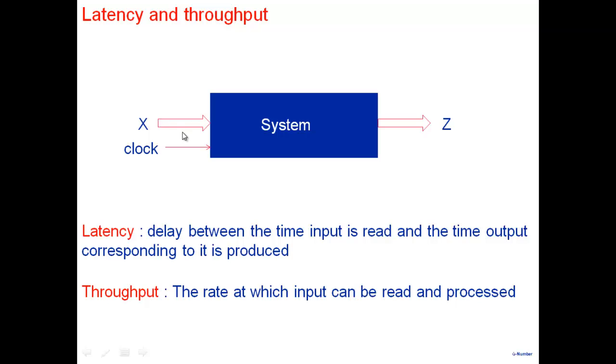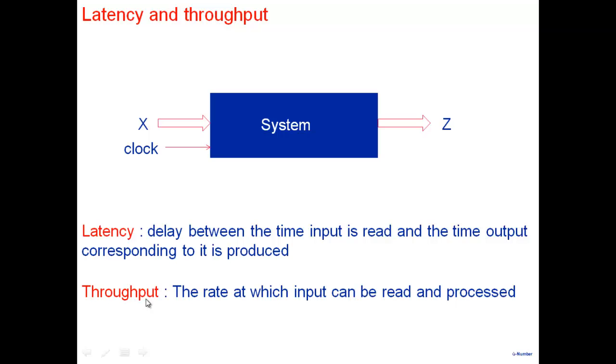That is the delay that it goes through, and after how much time does Z appear corresponding to the input X that I've applied here. That's the latency. All these systems are synchronous clocked systems. The throughput is the rate at which input can be read.